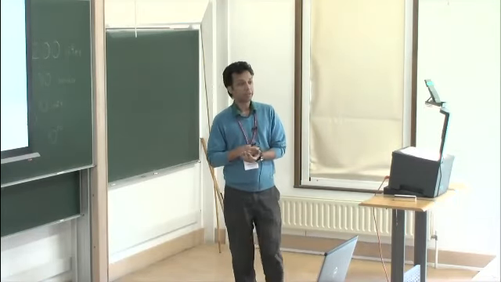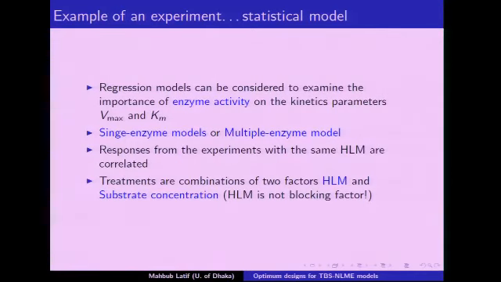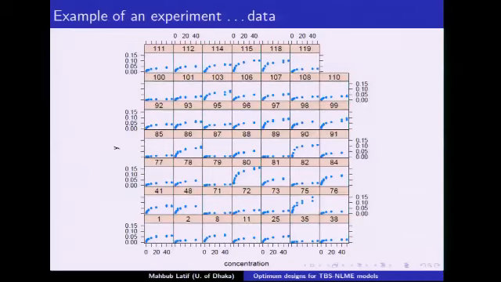And you can consider 2 types of model. One is a single enzyme model. If you know beforehand that only one enzyme will be important, you can use a single enzyme model. And if you have no information on this, you can try a multiple enzyme model. And here you can see that there is a variation between HLM, so you have to capture the HLM to HLM variation in your model.